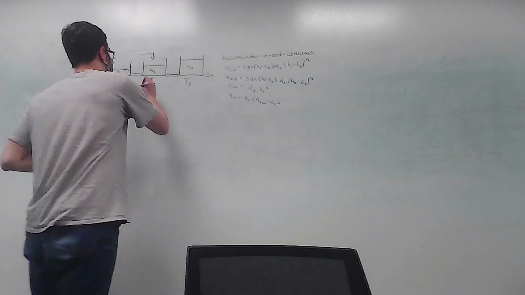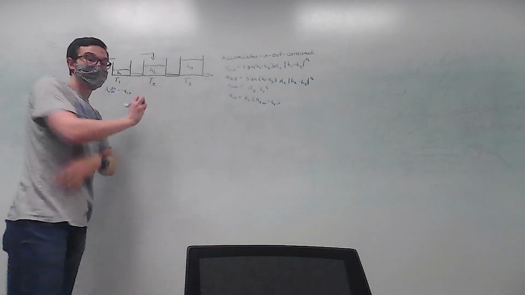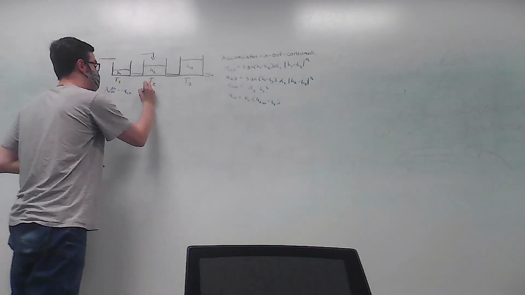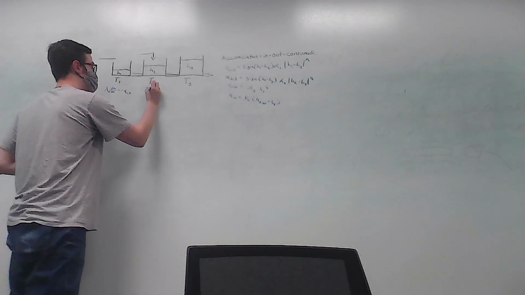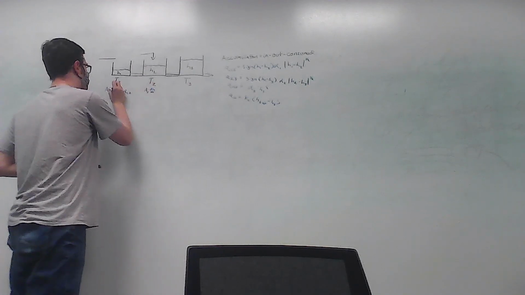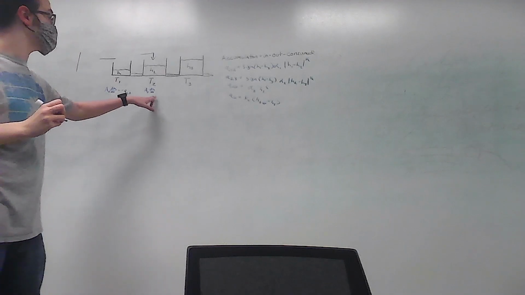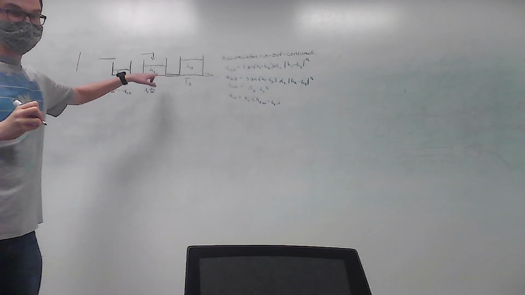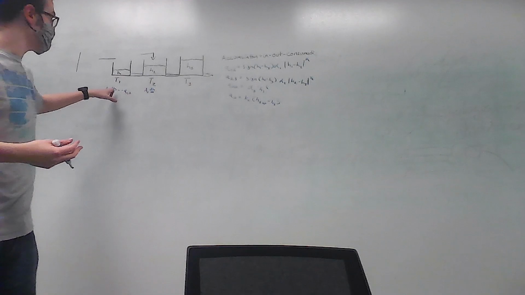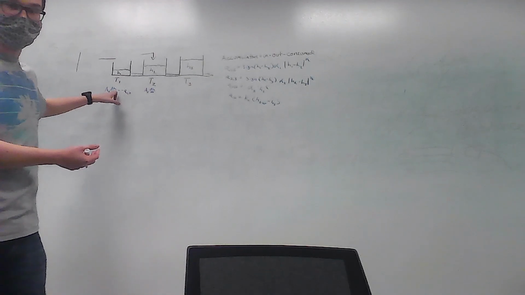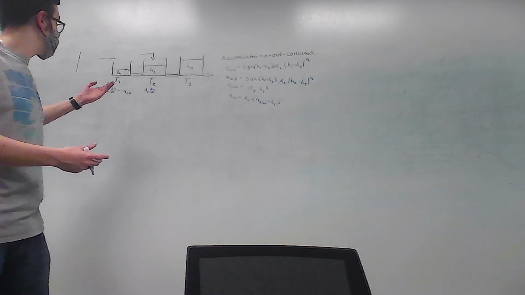Let's do it on tank 2. So again, the area of tank 2 times the change in the height of the second tank. I added the 2 to denote that it is height 2.